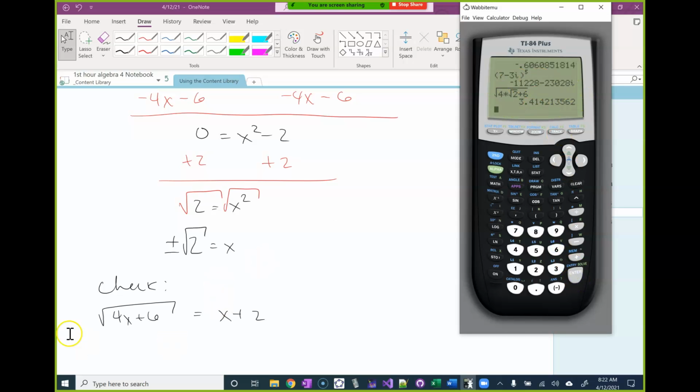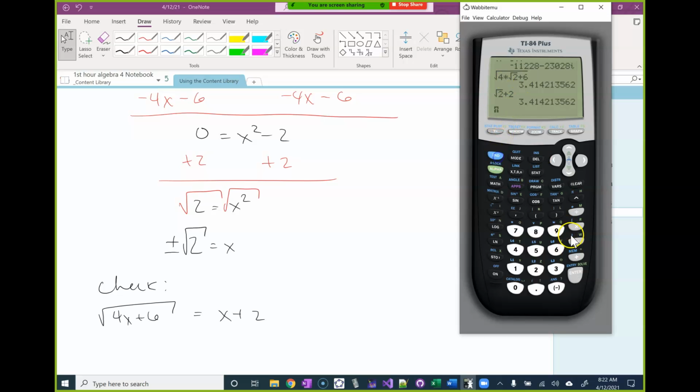And then I have square root 2 plus 2. So that works. So square root 2 works.